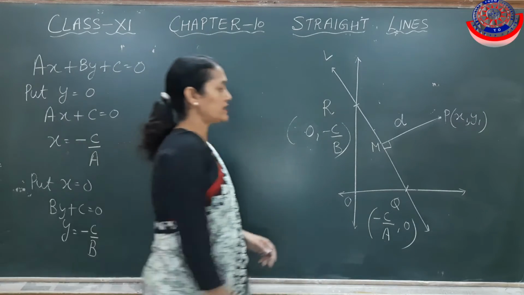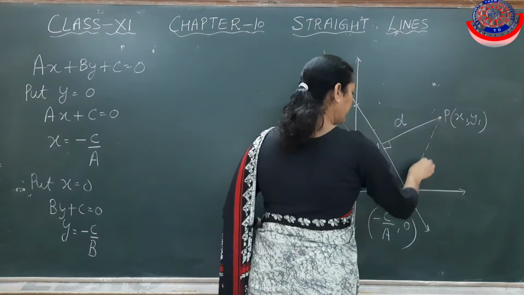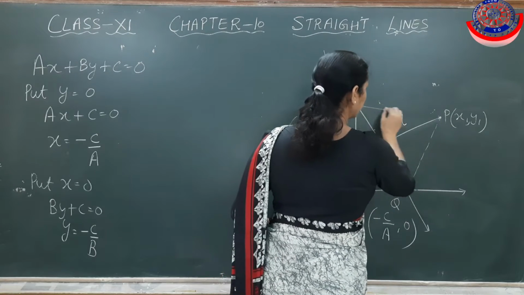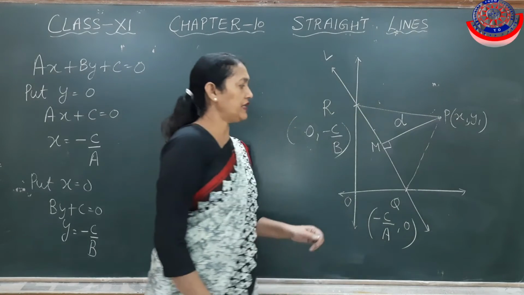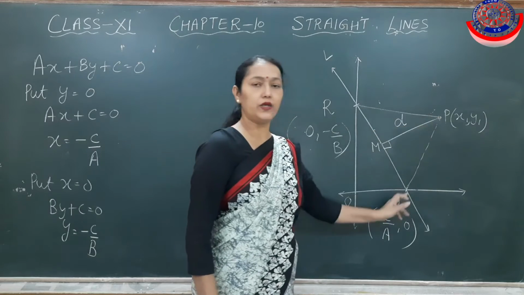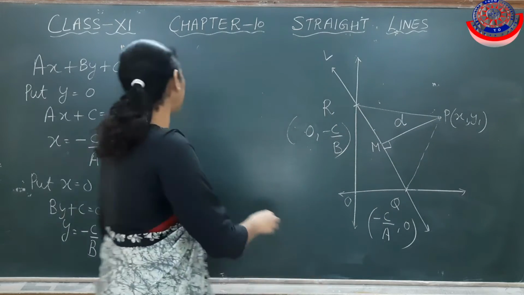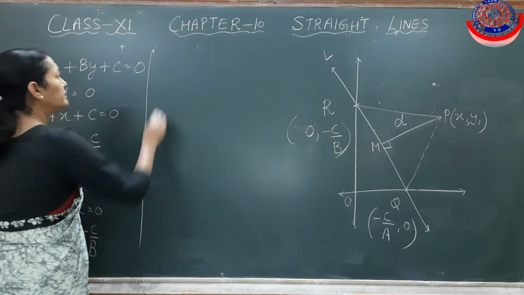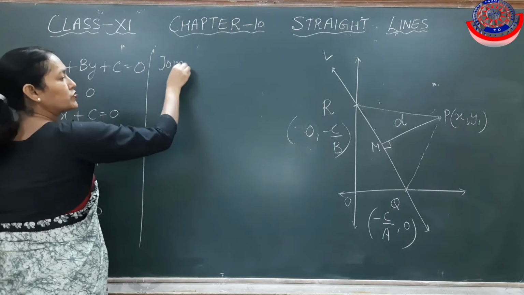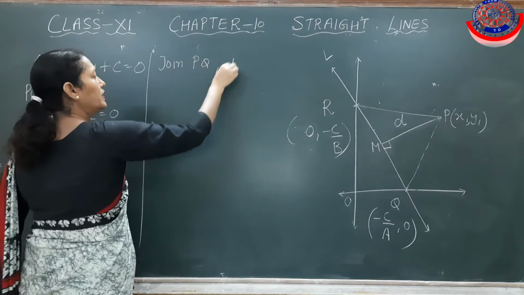Now if we join this P with Q and R, what are we getting? We are getting a triangle PQR. Join PQ, PR.